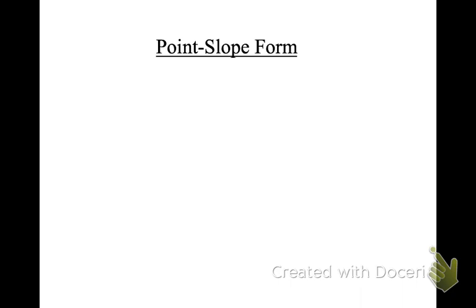Here is point slope, and we're going to take a little bit of a side step. The point slope form is y minus y1 equals m times x minus x1.